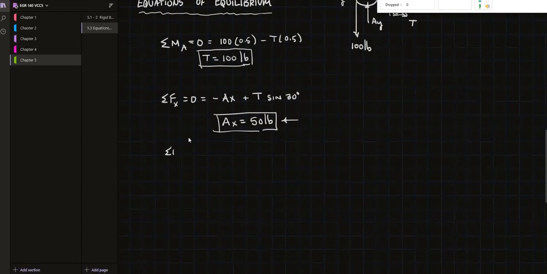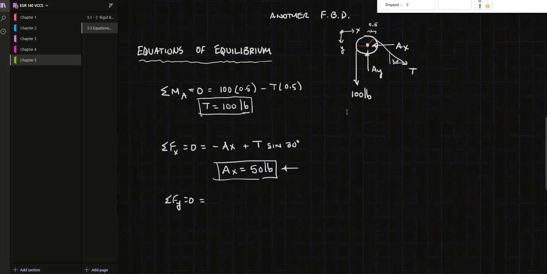Finally, let's sum forces along the Y axis. And what do we get? Well, we've got 100 pounds here, and it's in the negative direction. Although I drew the axis like that, I think I want to draw, let me flip it around. More natural to draw the positive y-axis in the up direction. I'll end up with minus 100 then if I do that.